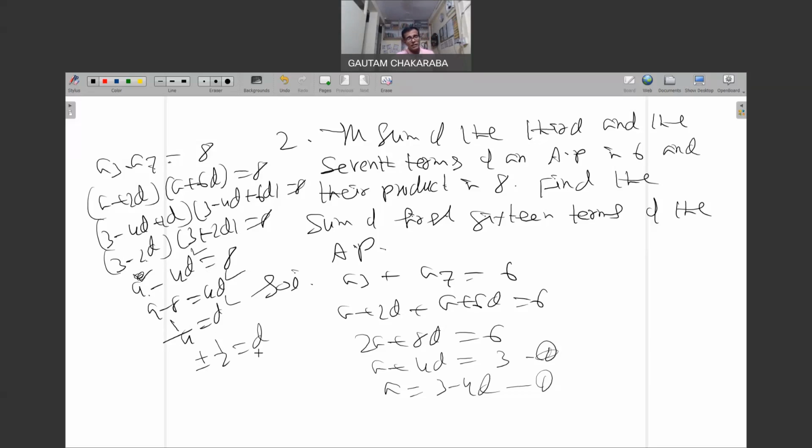Remember, take care in this step, because the maximum of students forget the negative sign. When you take the square root of any number, you always take plus and minus. Here it is also satisfied, because the common difference can be both plus and minus. But for the number of terms, you always take positive, because the number of terms cannot be negative.